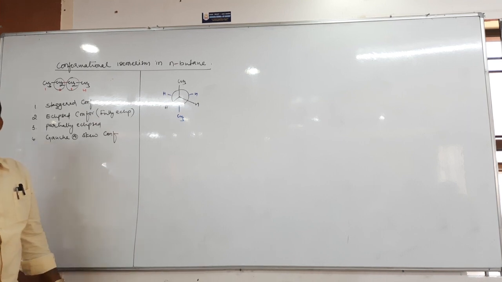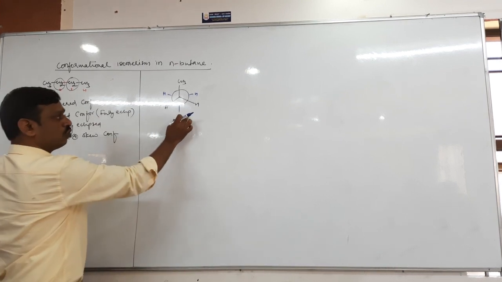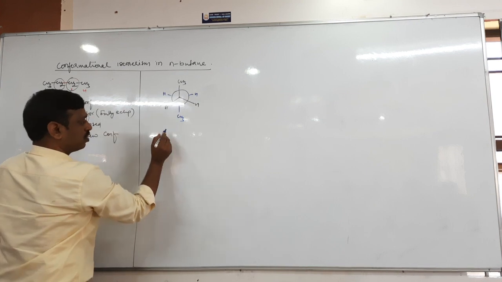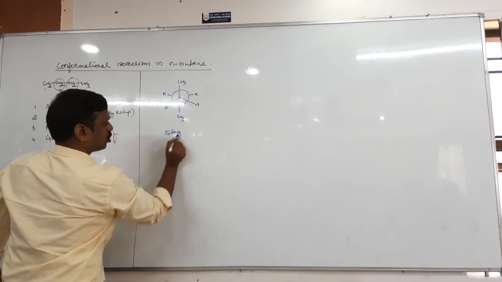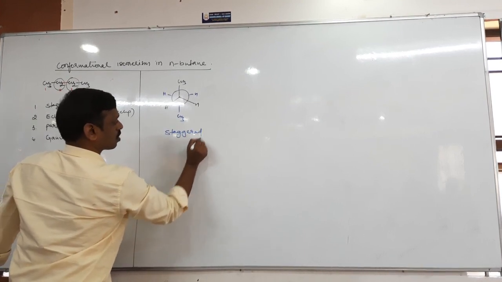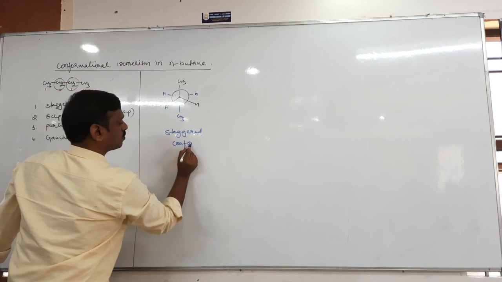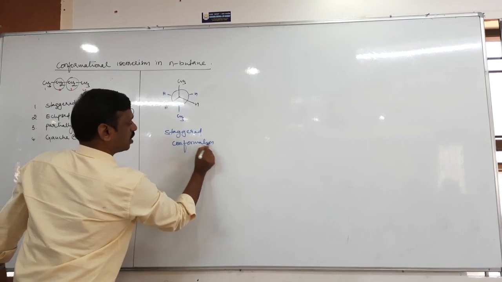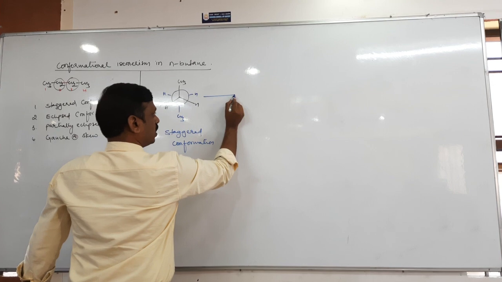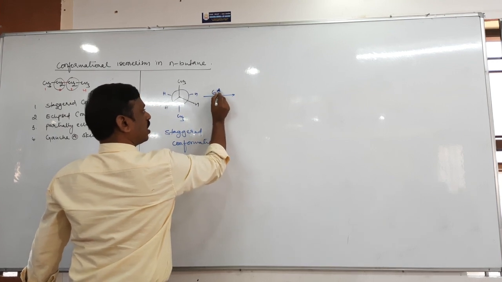Which conformation is it? Staggered, because the 2 methyl groups are opposite. Take down staggered conformation.